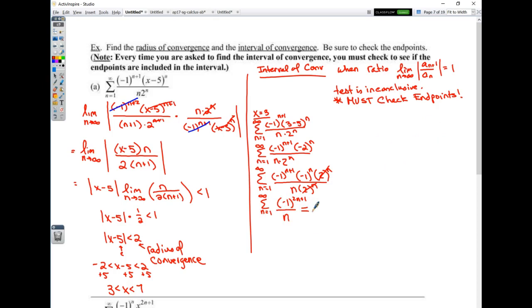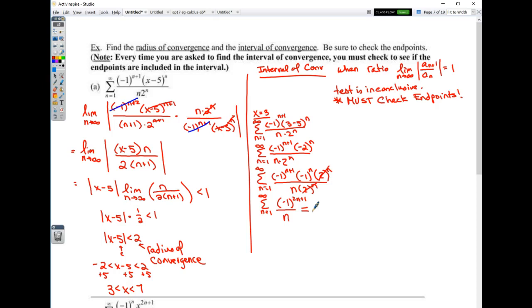Does my series alternate? Yes? Why do you think that? Check it out. Let n equal 1. If n is equal to 1, this becomes negative 1 to the... Okay, make the n a 2.